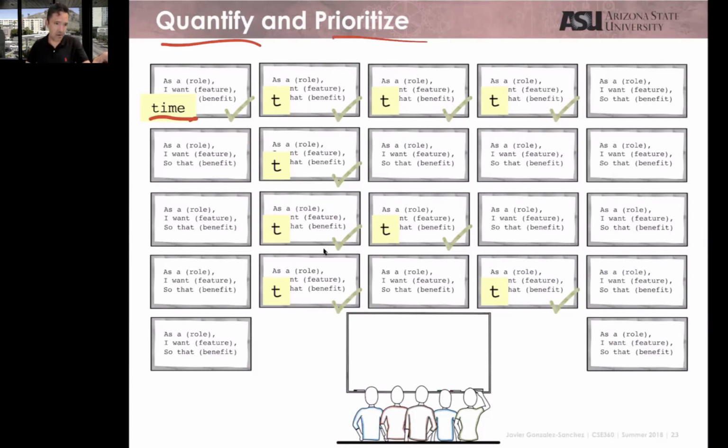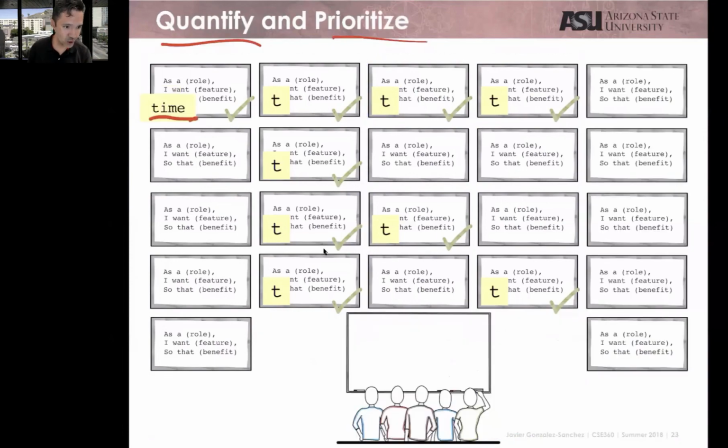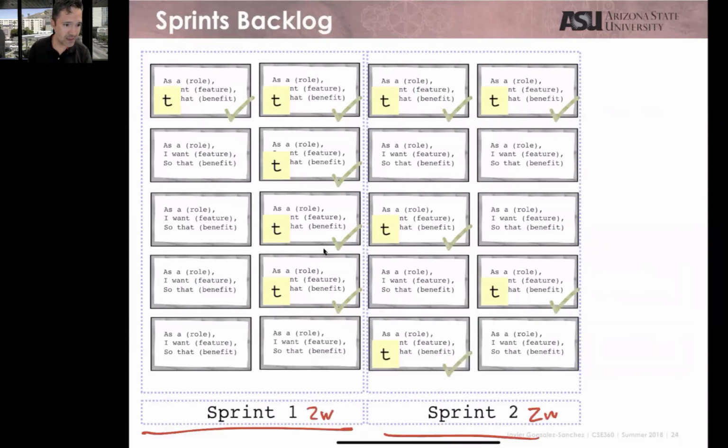I have 1 minute. Let me just finish here. So with the time and the priority, what you're going to do is put things in your sprints. Obviously, sprint 1 is the next 2 weeks. Sprint 2 is the 2 weeks after that. For each sprint, this is like your product backlog, and this is a sprint backlog for each sprint.